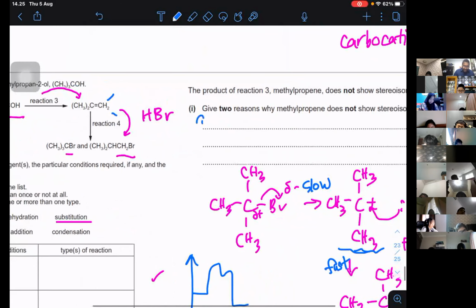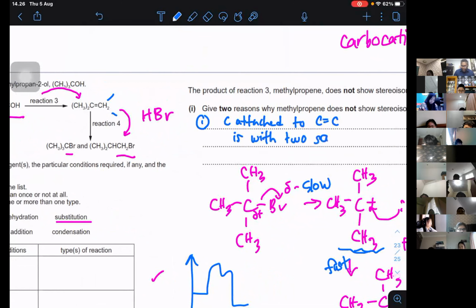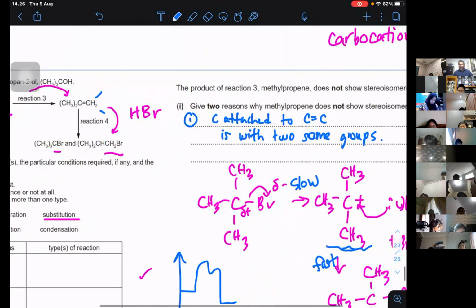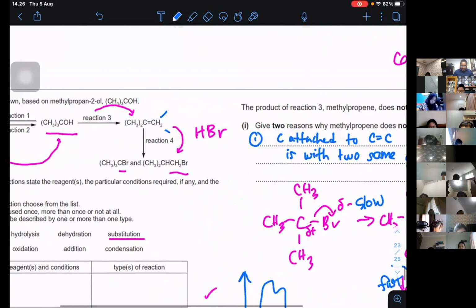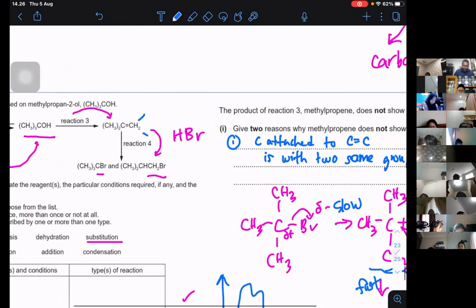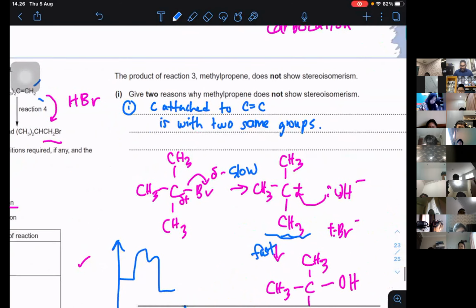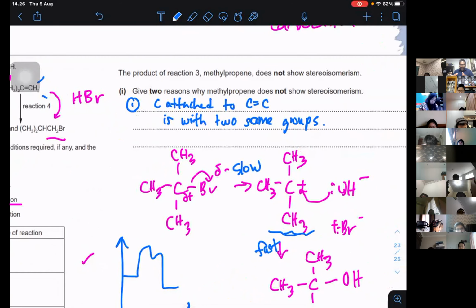So one of the reasons is the carbon attached to the double bond has two same groups, so it cannot form cis and trans. You can explain more. Number two, you need to talk about the possibility of having optical isomers.